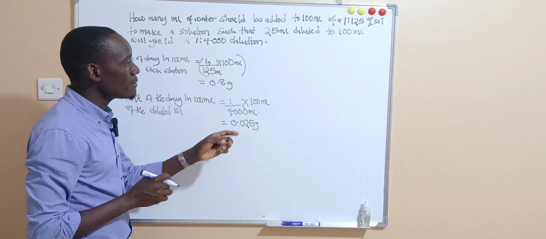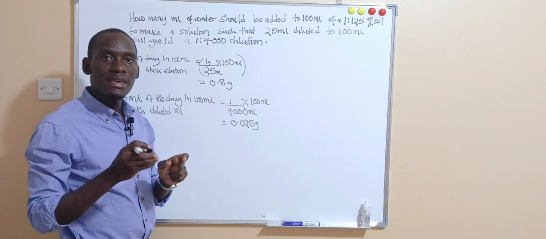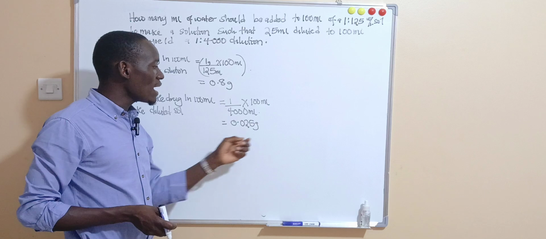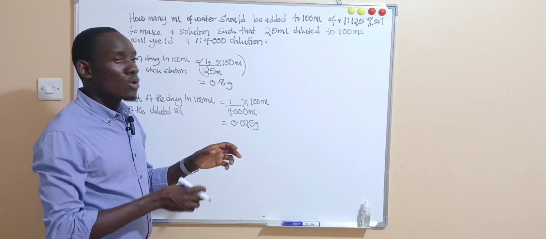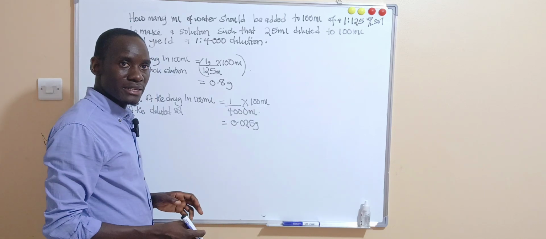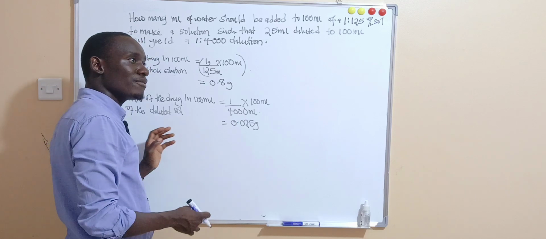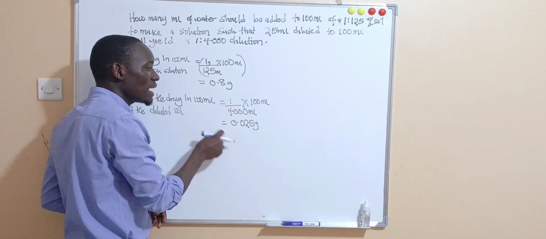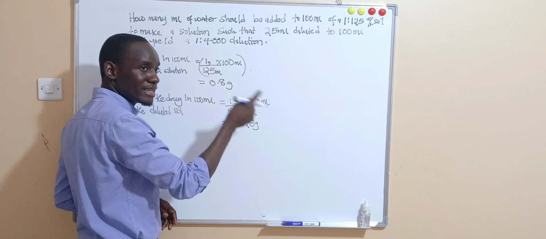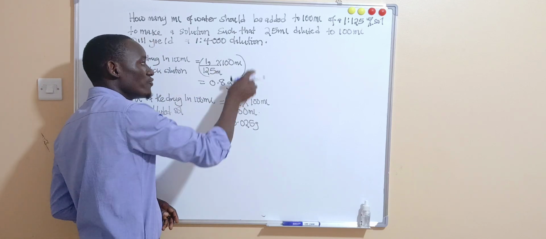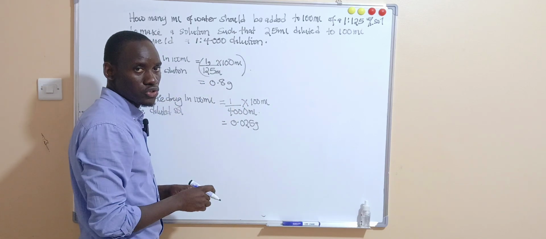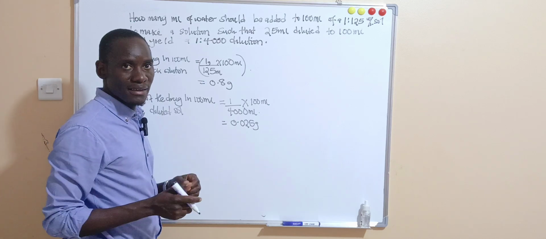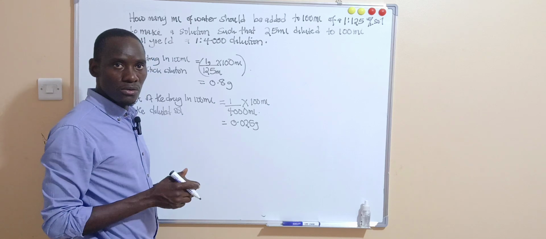But this time around, remember, what we want should be in mils. So that means that when working out from first principle, what you need is always on your right, and what you have is always on your left. So what we have is the mass of the drug in the diluted solution and mass of the drug in our stock solution. So what we want is the volume of the stock solution.